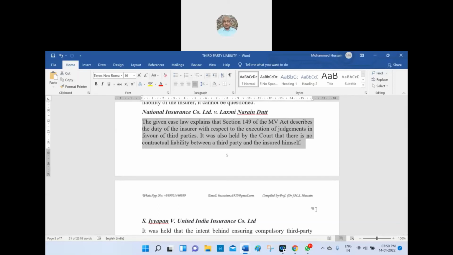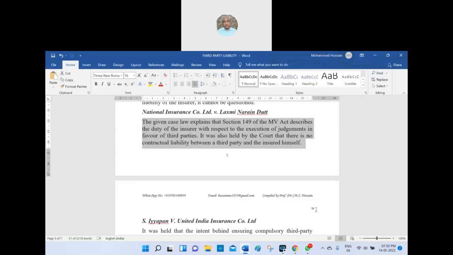The National Insurance Company Limited versus Lakshmi Narayan Dutt. The given case law explained that Section 149 of the MV Act describes the duty of the insurer, meaning the first party, with respect to the execution of the judgment given by the court in favor of the third parties.